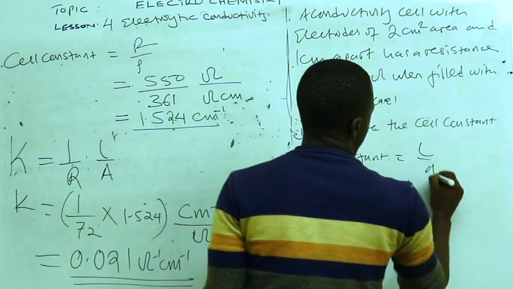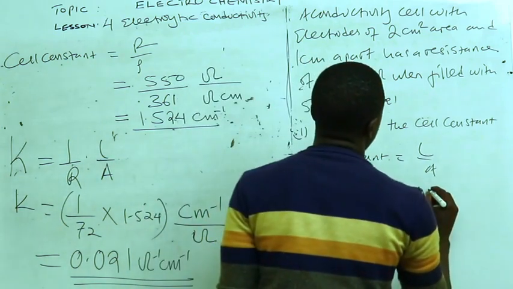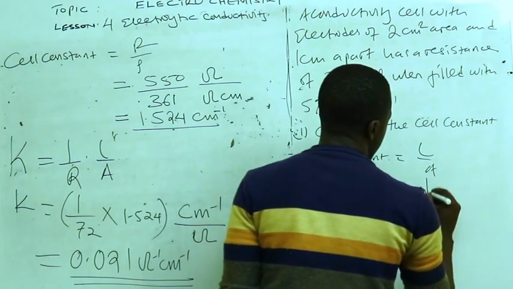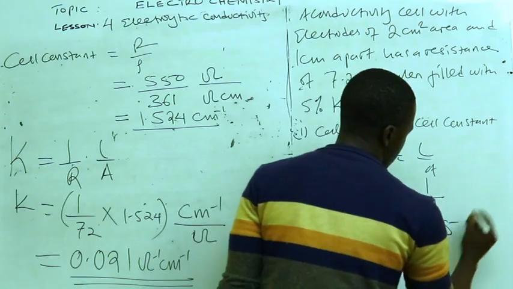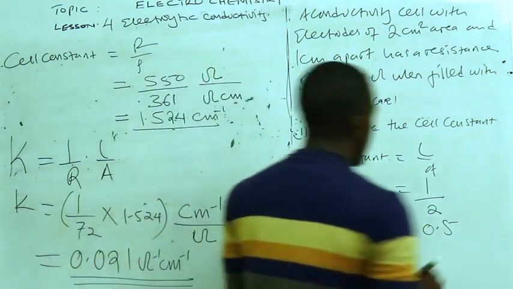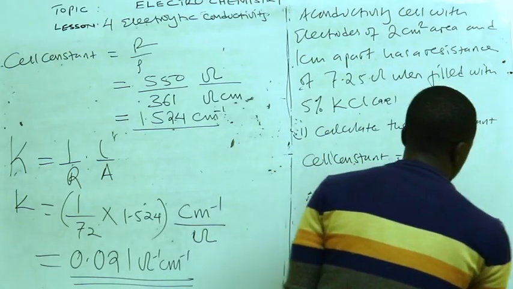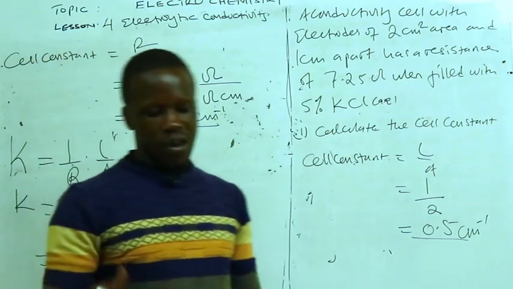And therefore, if the area is known and the distance is known, then we can always get the cell constant as 1 over 2, which is 0.5. And the units will be per centimeter. So we can get the cell constant directly from the values given.